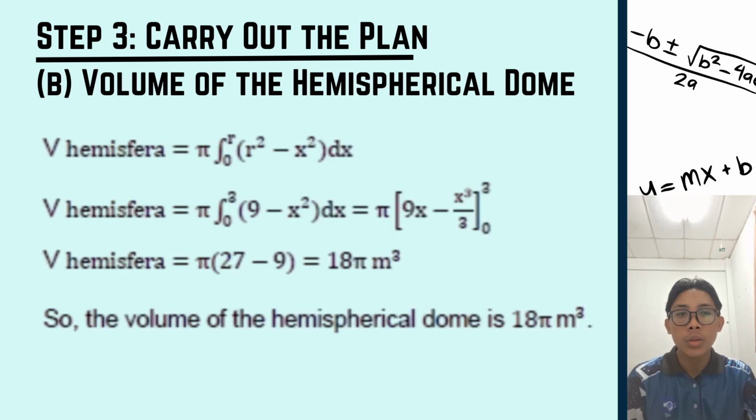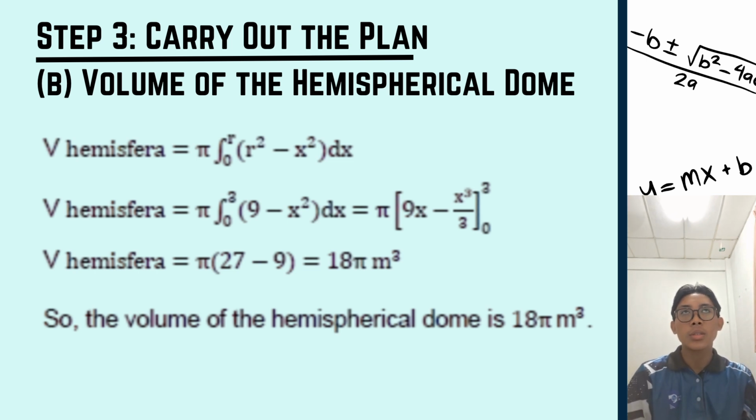Next, we need to find the volume of the hemispherical dome. To find the volume of the hemisphere, we need to integrate pi (r squared minus x squared) dx, and the limits will be 0 and the radius of the hemisphere, that is 3 meters.